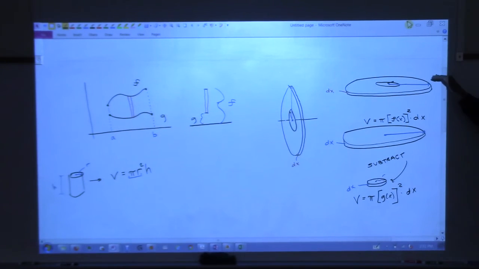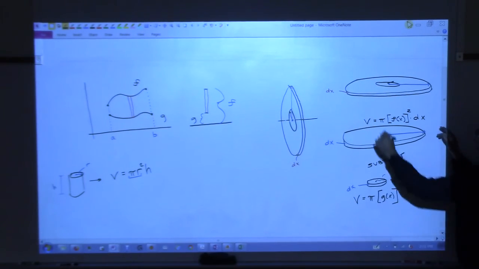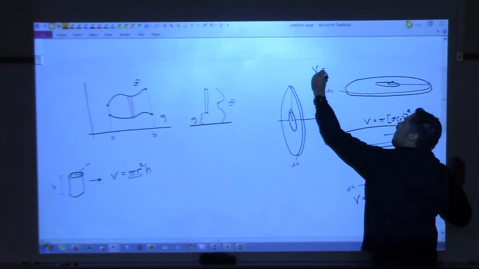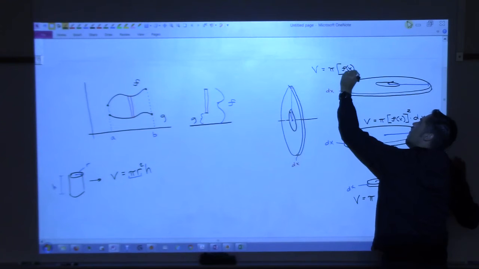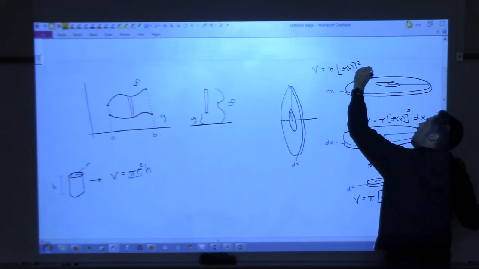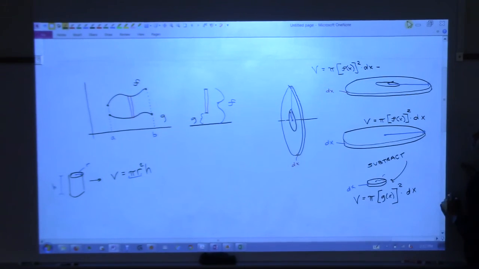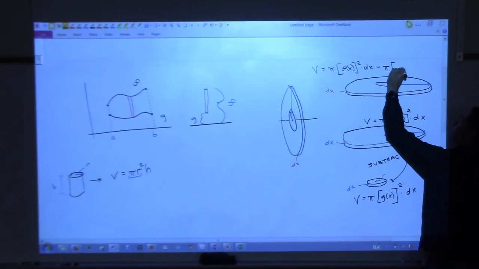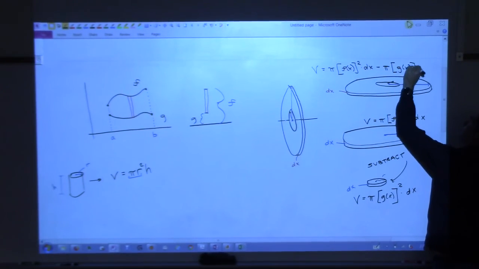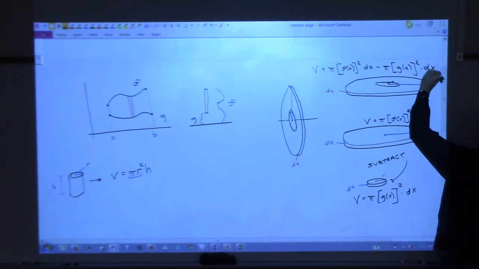So if we want the volume of this one, we do this minus this, right? So let me write that down. The volume of this one would be pi times its radius squared times dx, minus this one, pi times its radius squared times dx.